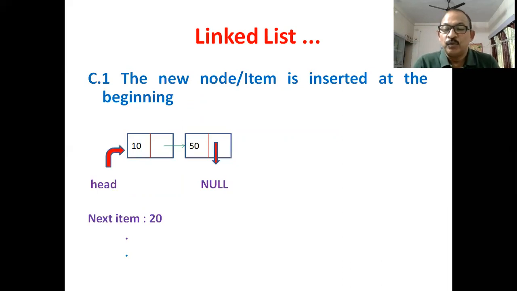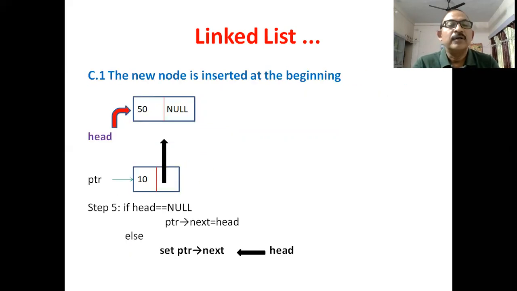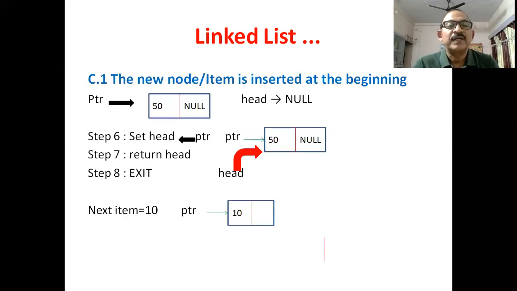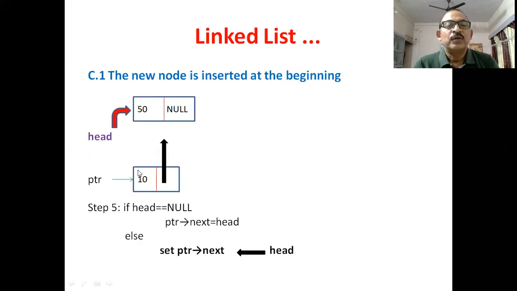What is our next step? Back here you can see the next step is head is equal to PTR. Let us see what we did. PTR next is equal to head, which means the next node becomes 50, and now head points to PTR.